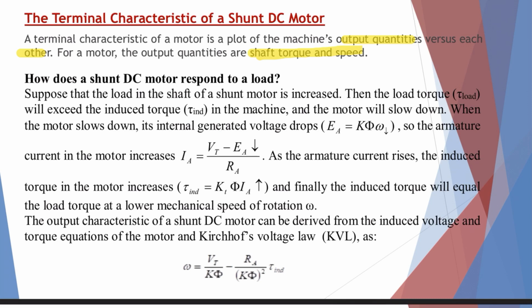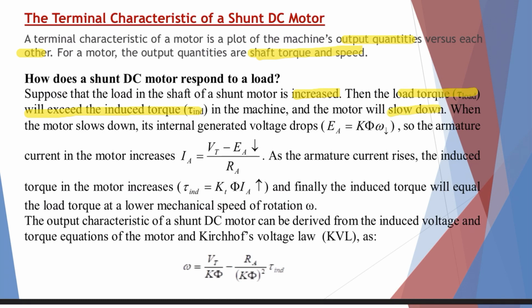How does a shunt DC motor respond to a load? Suppose that the load on the shaft of a shunt motor is increased. What will happen here? Then the load torque will exceed the induced torque in the machine, and the motor will slow down.